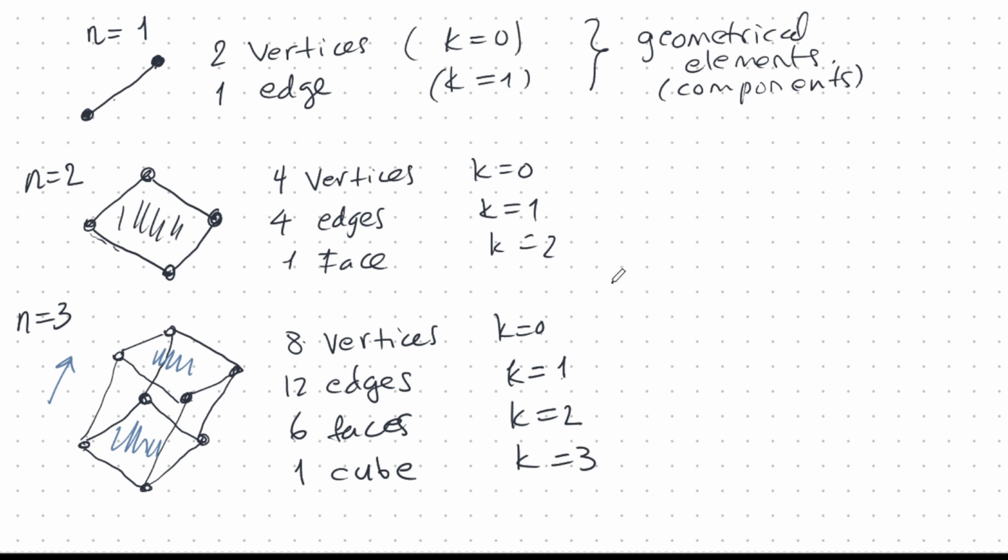And so I'd like to make a notation that covers all of these components and counts them. So I'm going to invent this notation, nk. So here we have the dimension of the object.